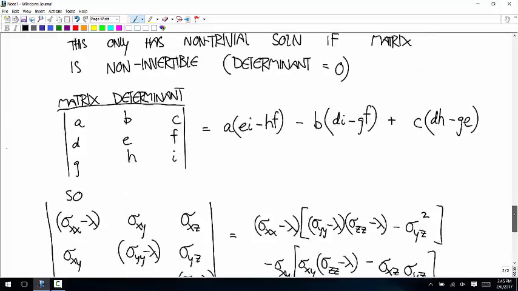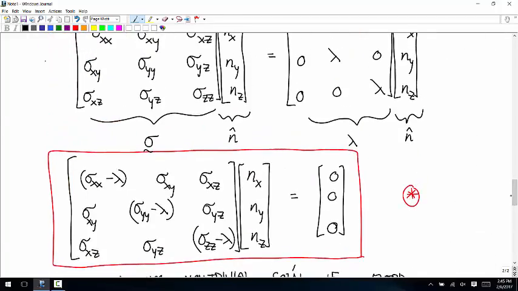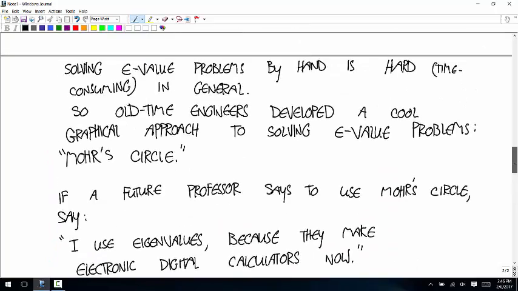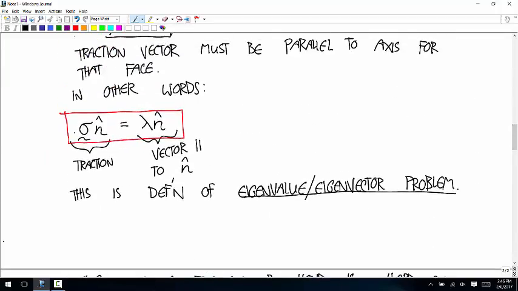Well, so the reason that it's used is different in every different application. And so it's sort of surprising how often it keeps coming up. But the reasoning in this case is that we're looking for a number lambda and an outward facing normal to a face so that the traction on that face is parallel to the outward facing normal.